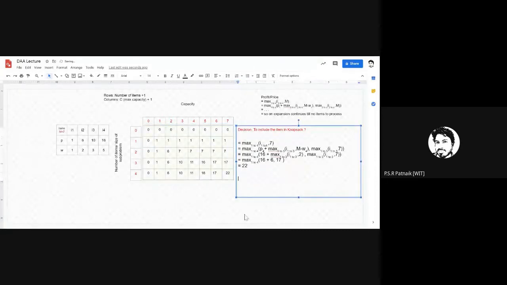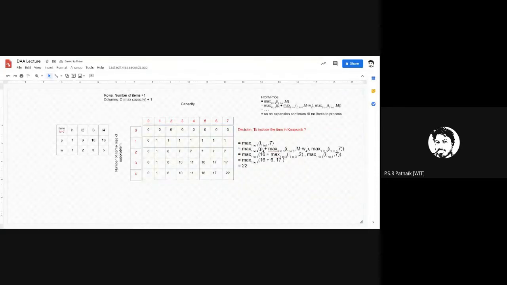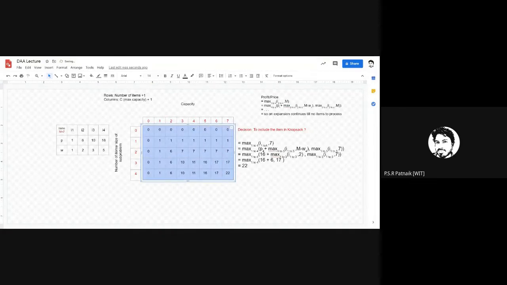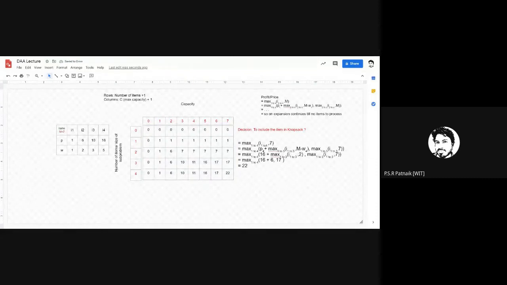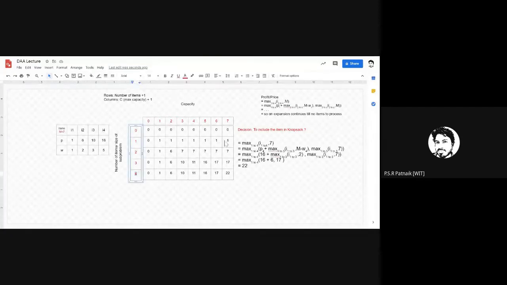22. Okay. So can you tell me what cell location here indicates the maximum profit I get when I consider all these elements and sack capacity as 7? What is that cell location? Yeah, the last cell location, 4 and 7.